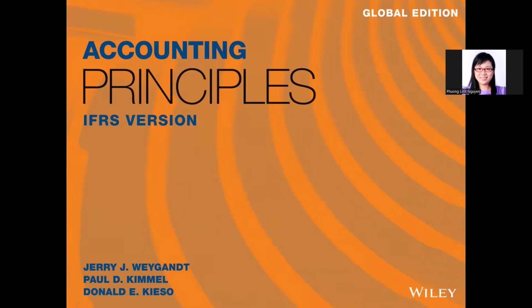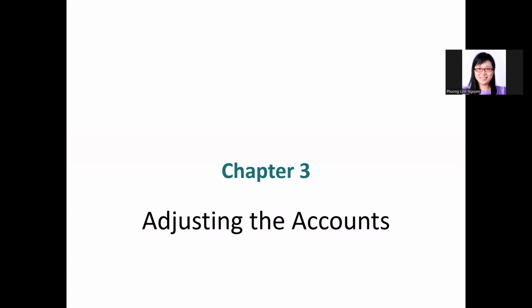Today we will continue with chapter 3, adjusting the accounts. As you know, before we prepare the financial statements, we need to make sure that all the accounts are correct. If there is some data missing, then we need to adjust the accounts.